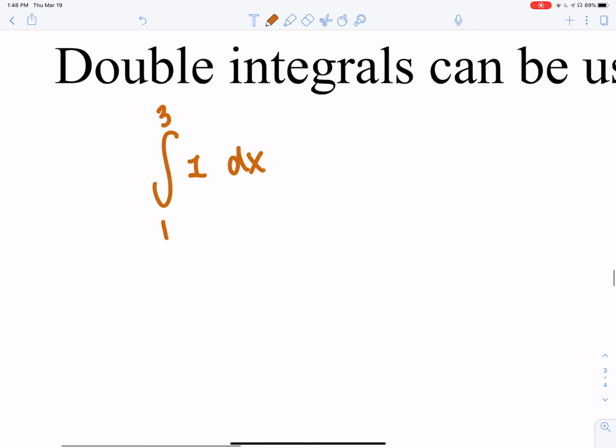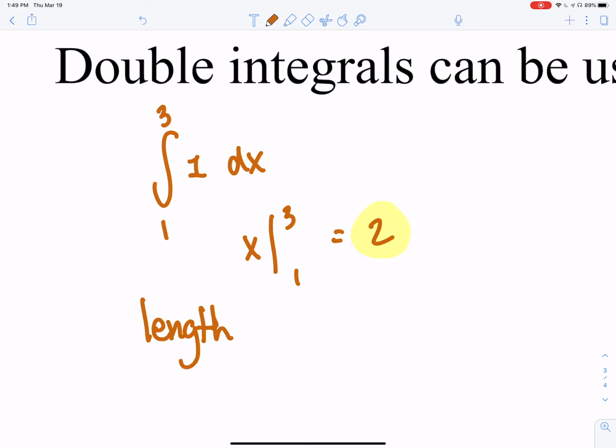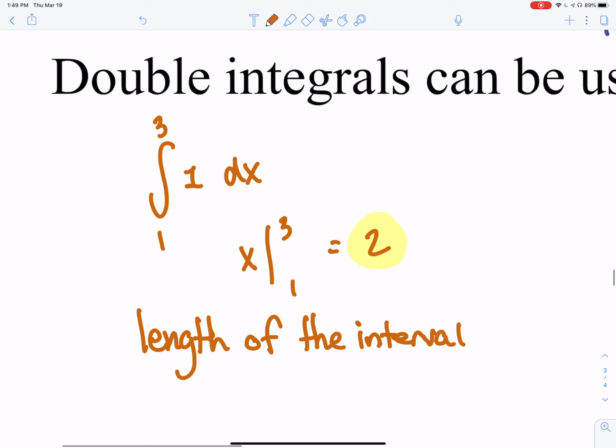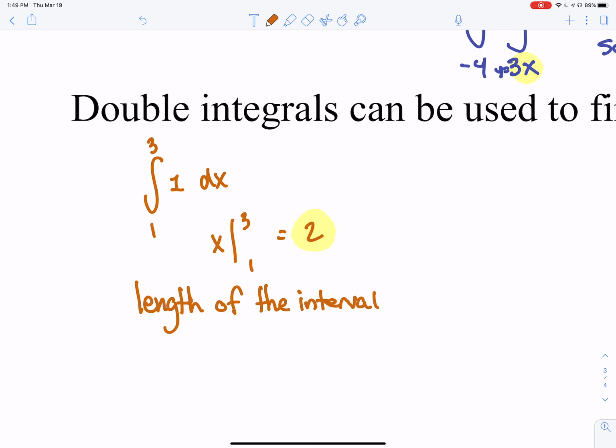So if you were to solve this, you would get x evaluated from 3 to 1, which is 2. So 2 is your length of the interval. Right, so in single variable, you don't get the area of the region. By integrating 1, you get the length of the interval.